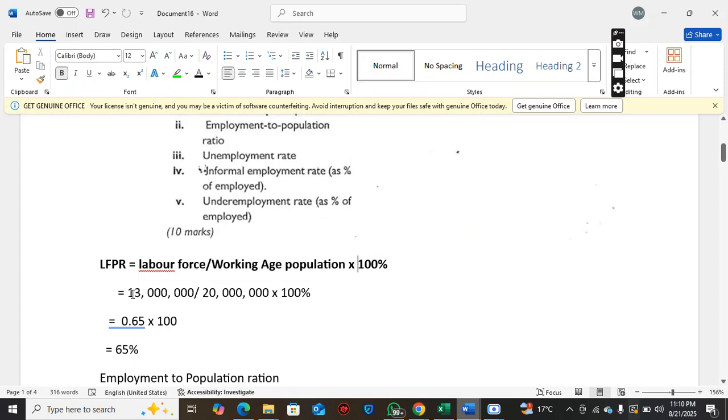The labor force was 13 million, the working age population 20 million. Multiply this by 100%. So 13 million divided by 20 is 0.65 times 100, we get 65%.